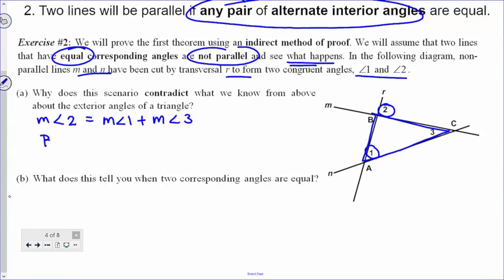But that would be weird, because the measure of angle 2 equals the measure of angle 1. That's what we've said, the corresponding angles in this case are equal. But if the measure of angle 2 is equal to the measure of angle 1, then the measure of angle 3 would have to be 0.